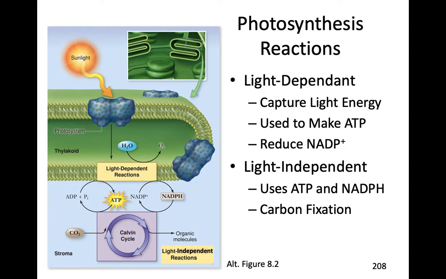When we use this word, carbon fixation, we don't mean that the carbon's broken. What we mean is that we will take carbon in the form of carbon dioxide and use this in the synthesis of sugars and other molecules. So it's not being broken.